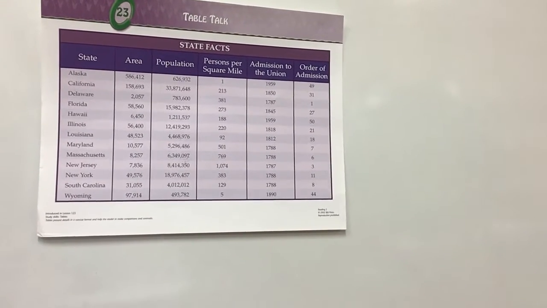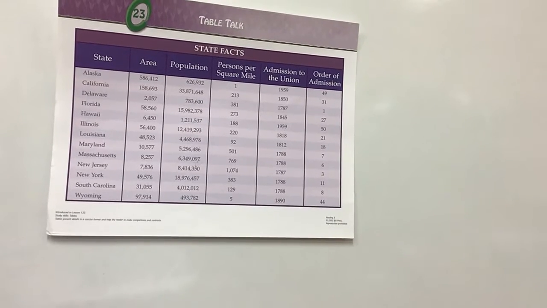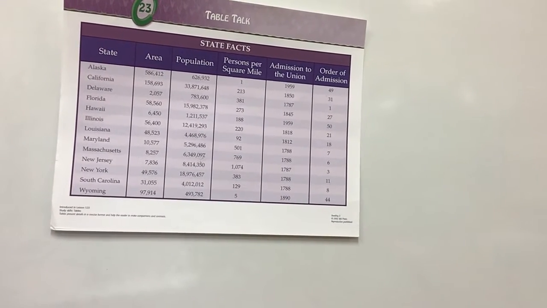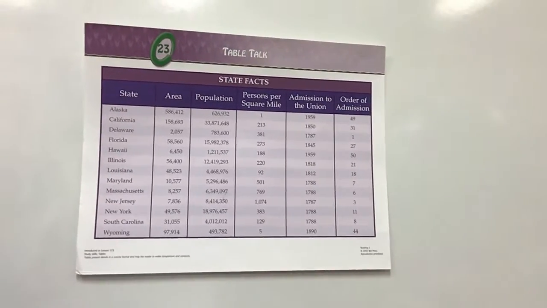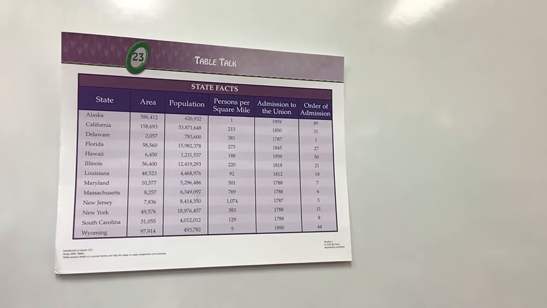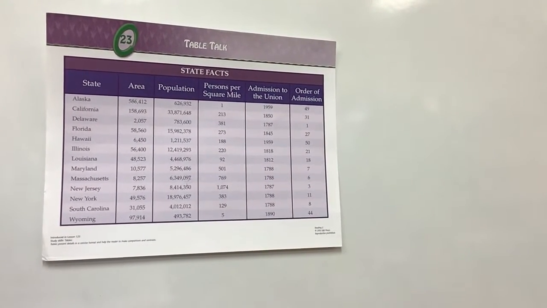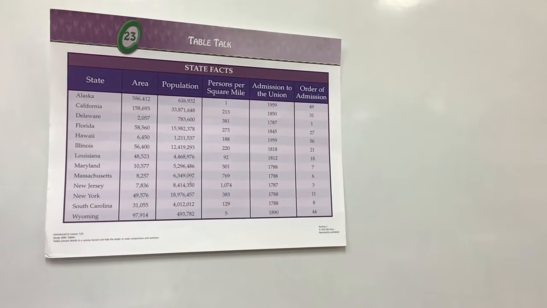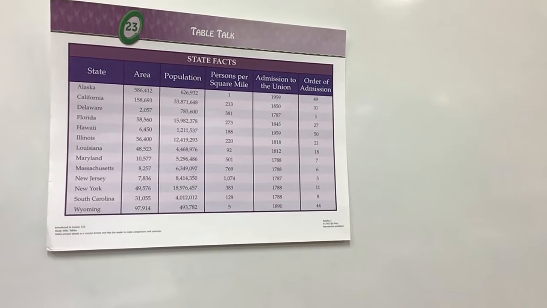All right, the next set of information we want to analyze or take a closer look at is which state has the greatest number of persons per square mile. That means if I were to measure a mile, how many people will be living in that square mile? And this is an average, of course, of the whole state. So the one that has the most, there's only one state that's in the thousands, and that's New Jersey.